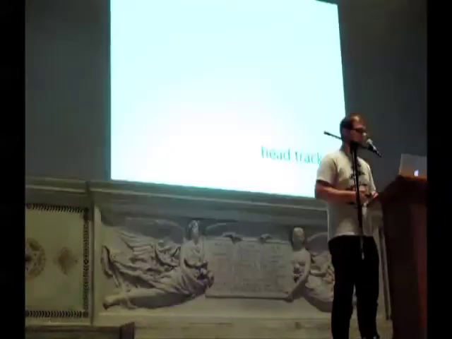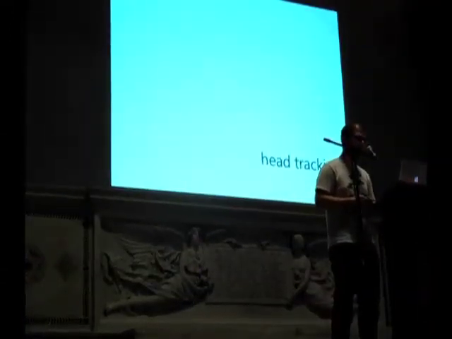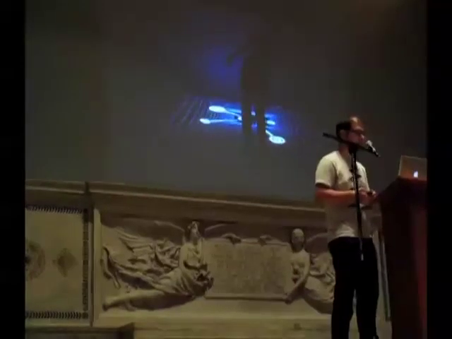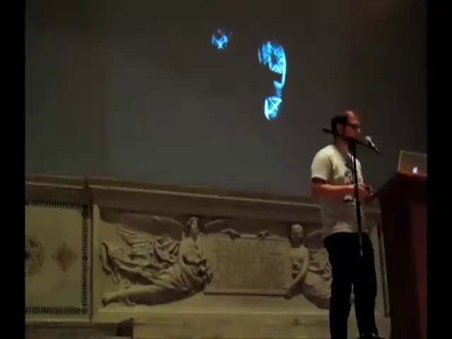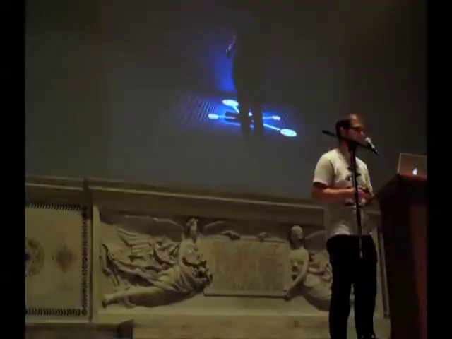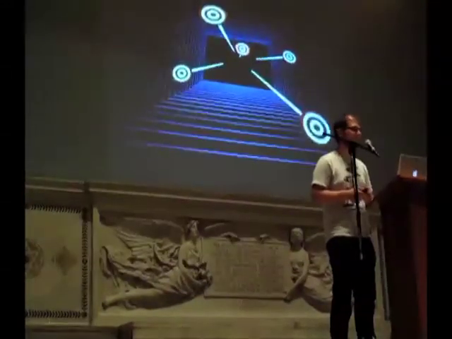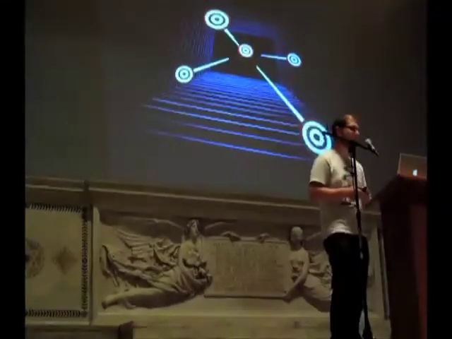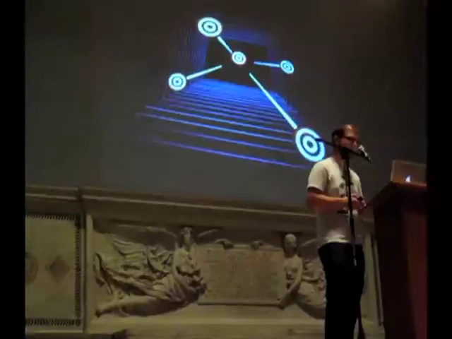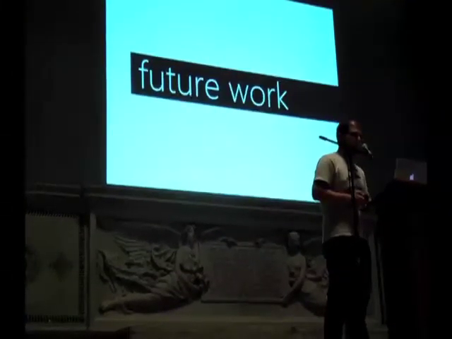And we also can do head tracking, or approximate head tracking, with that. And this works like that. And this is a tribute to Johnny Lee. Okay, so that's how it works.